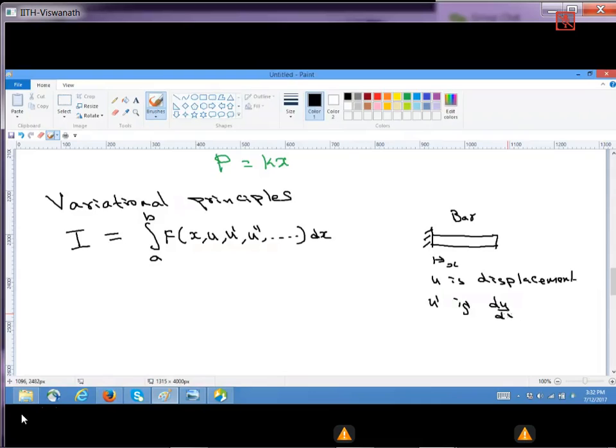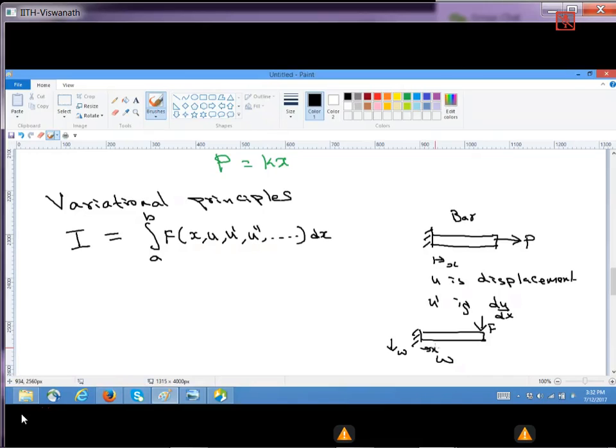And similarly for a beam, the quantity we are measuring is w, and x is again measured in this direction.